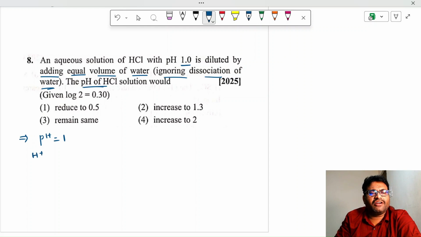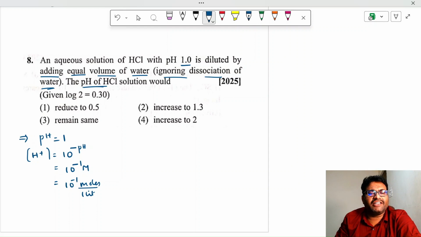Then H plus ion concentration is equal to 10 power minus pH, that is 10 power minus 1 molar, that is 10 power minus 1 moles present in 1 liter. So it is diluted by equal volume of water.